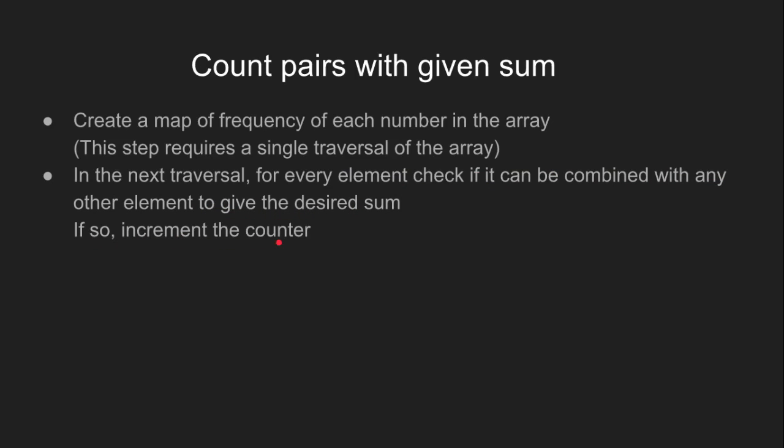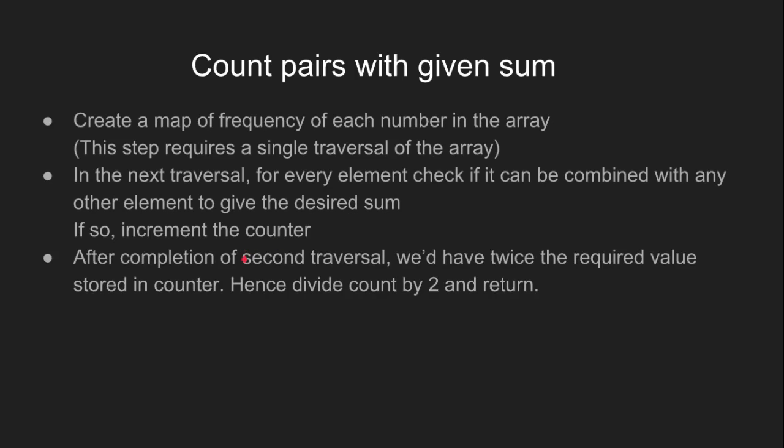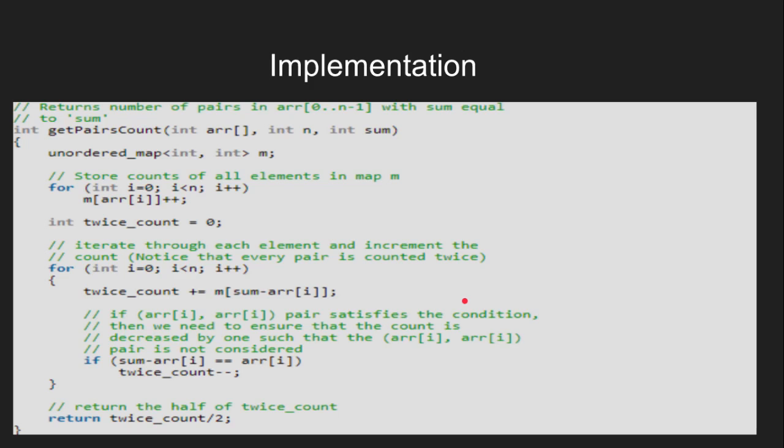If so, increment the counter. After completion of the second traversal, we'd have twice the required value stored in the counter because every pair is counted 2 times. Hence, divide the counter by 2 and return. This would give us the number of pairs which on addition would give us the required sum.